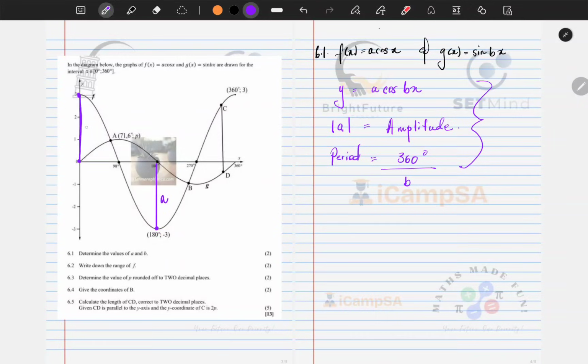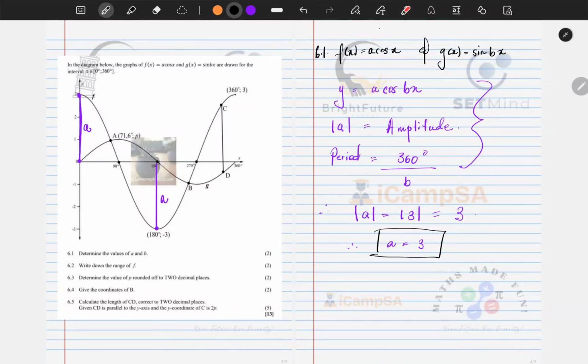This can be our amplitude. Therefore the absolute value of a is the absolute value of 3, and it's 3. Therefore a is going to be equal to 3. So I have my value of a now.